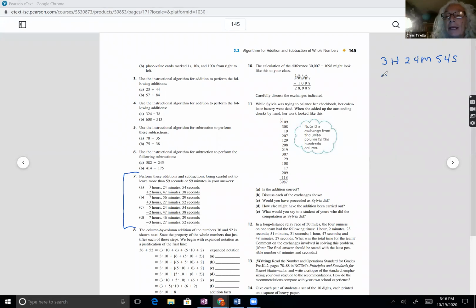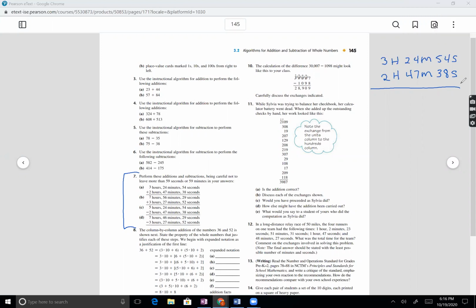And we want to add to that 2 hours, 47 minutes, and 38 seconds. And again, we're all familiar. How many seconds make a minute? 60. How many minutes make an hour? 60. So we want to make sure that we never have more than 59 seconds or 59 minutes in our answer. So here when I add, I'm going to start adding with the seconds.